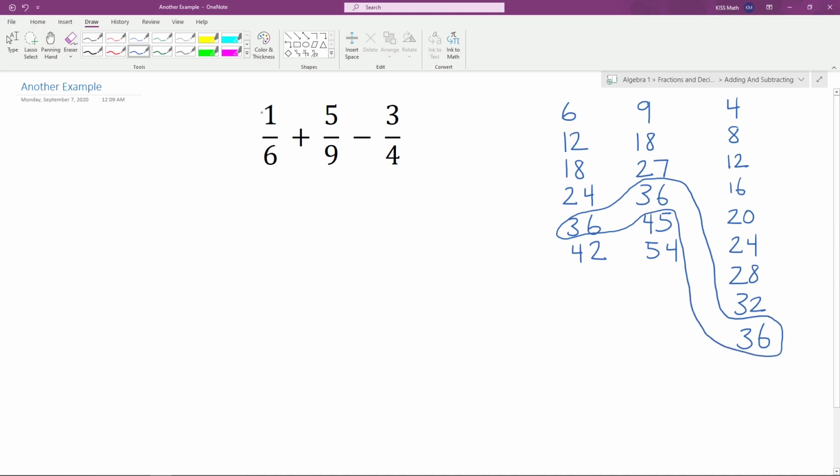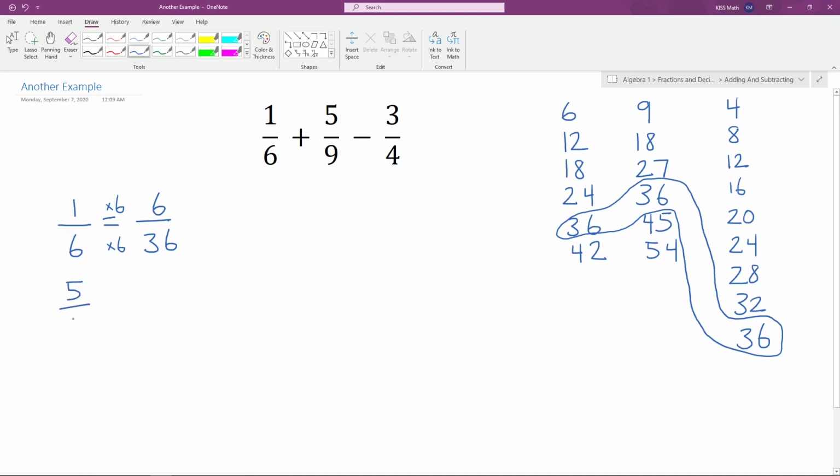So I will change each of these fractions into another fraction that has a denominator of 36. So let's do 1 over 6 equals something over 36. I have to multiply by 6 at the bottom, and so I have to do the same thing on the top, and I'll get 6 over 36.